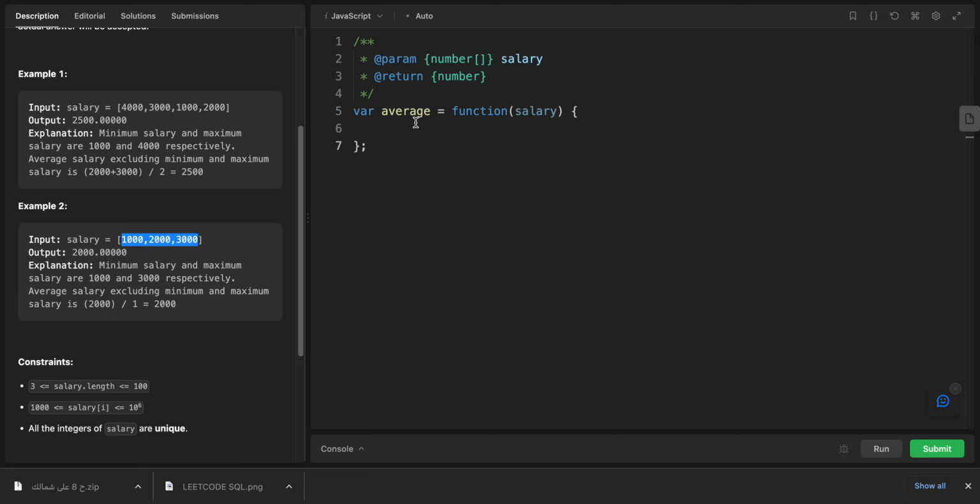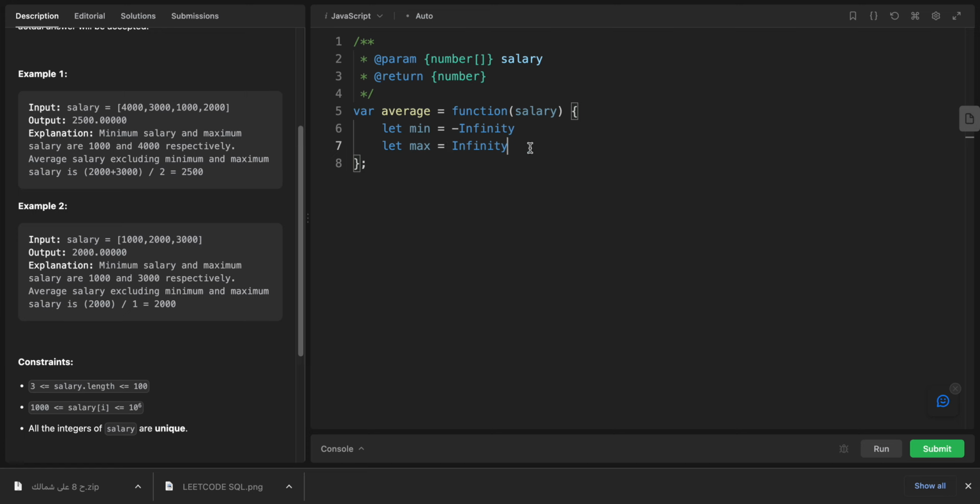So I'll say let min equals Number dot infinity, let's say minus infinity. Let max be infinity.